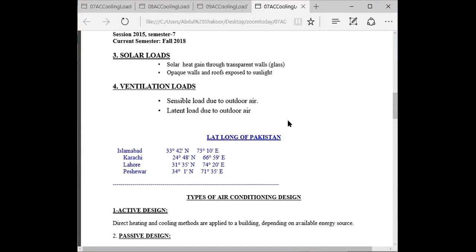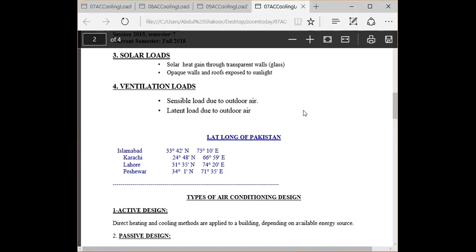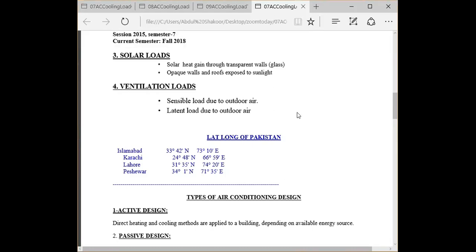These tables are given inside chapter 4 of the refrigeration and air conditioning book, and I have separated them, got them copied, and I will send them to you as reference material. What you have to do is get those tables printed properly. These are important property tables. Without these, you cannot do your calculation or solve your problems.